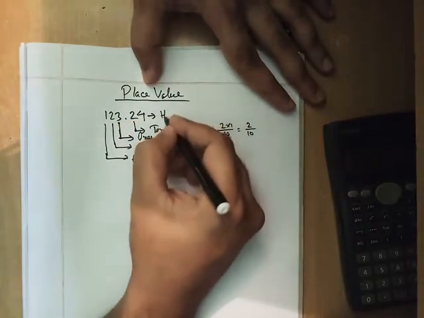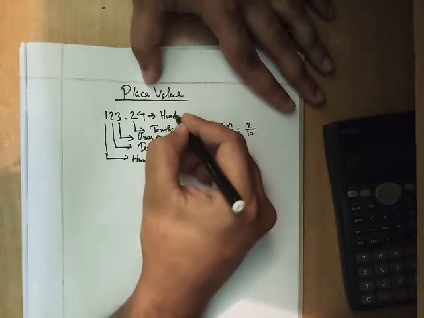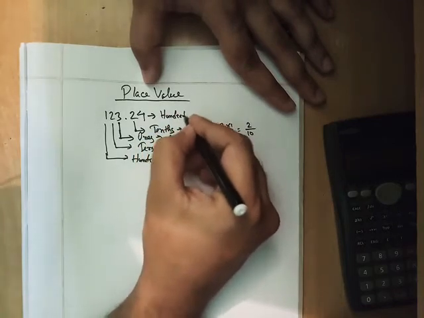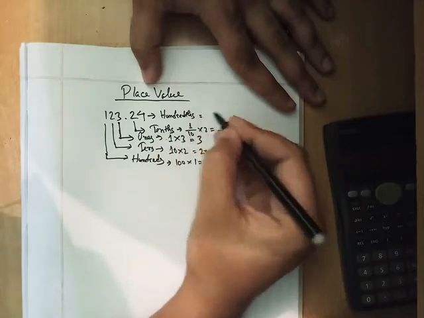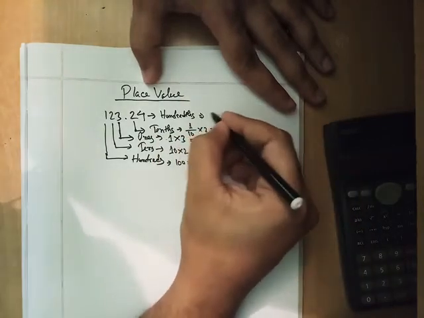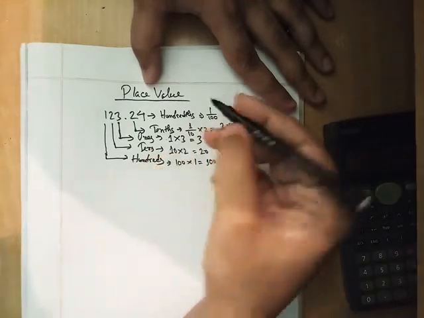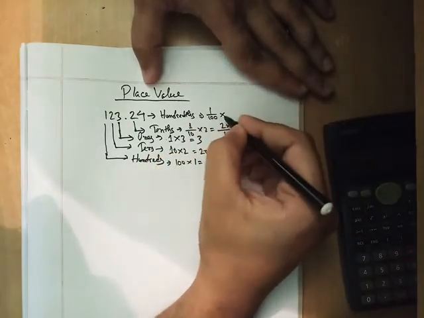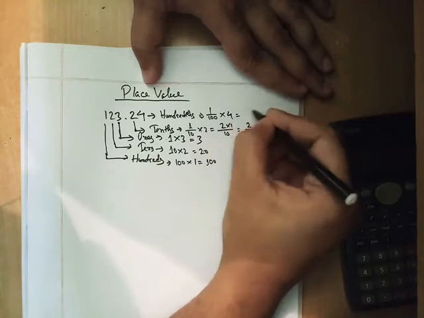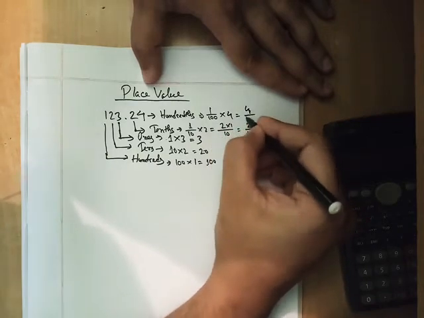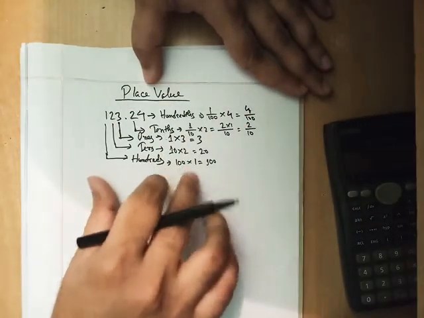So this is the hundredths. The place value is 1 by 100, just the opposite of the whole number, and the digit we have here is 4, so it is 4 by 100, right? So this goes for the place value.